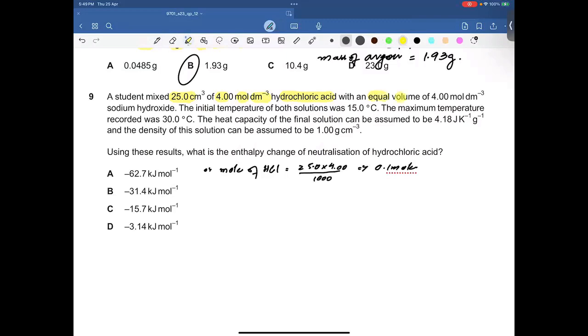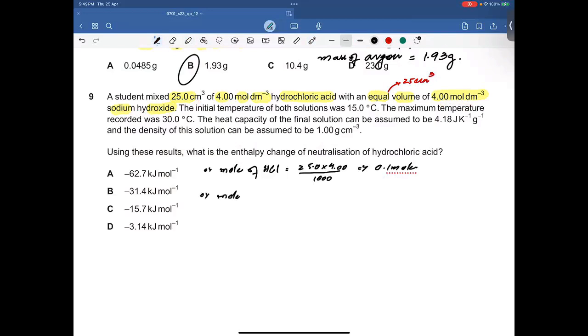With an equal volume of 4 mole per dm cube sodium hydroxide, which means over here I'm using 25 cm cube. All right. So since the concentration and volume is same in both the cases, which means they have same number of moles.